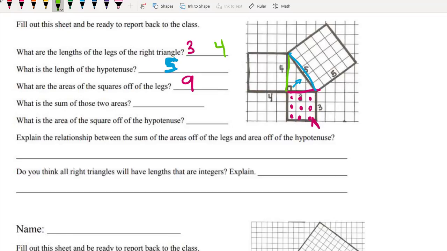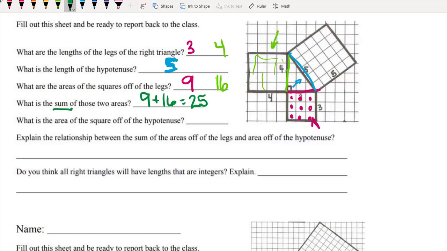Looking at the other leg and the square off the side of it, we could count all these squares here, or we could say 4 squared is 16. Then it says, what is the sum of these two areas? This is 9 and 16 together. It's 25.